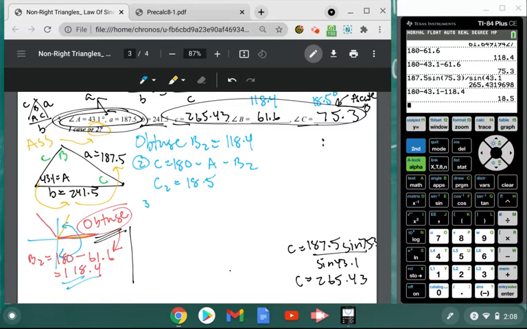Step number 3 is to find side C2. That's what we did over here, and as I look over here, I would be applying the law of sines to find this.